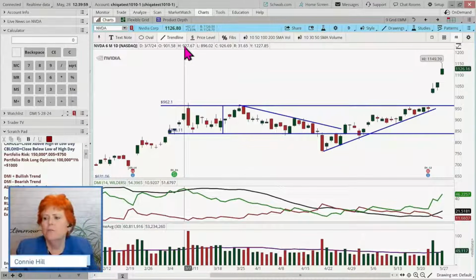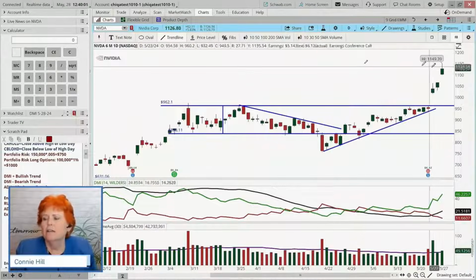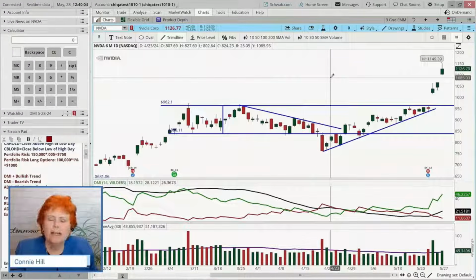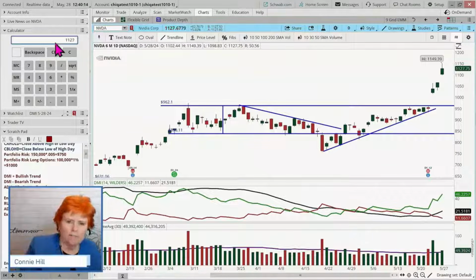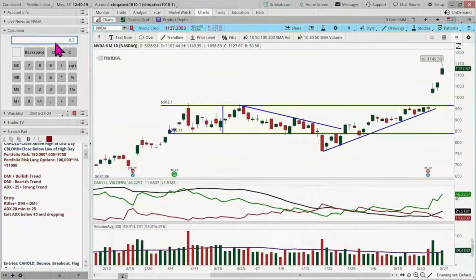Okay, so based on where the price of the stock is now, if we did the 10-for-1 split right now, the stock price would be around 112-ish. So let's do this. Let's take our 1127 times 0.25. That's going to give us risk of 281.